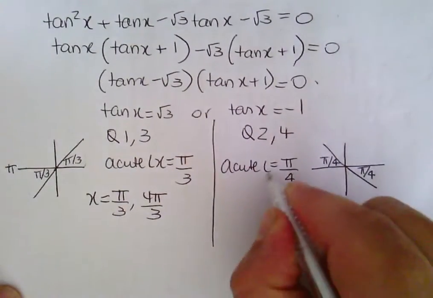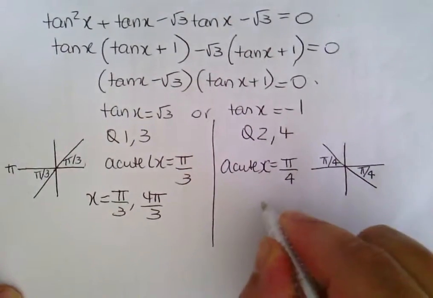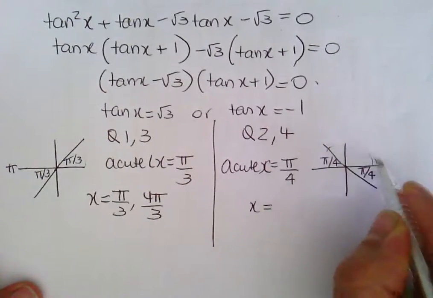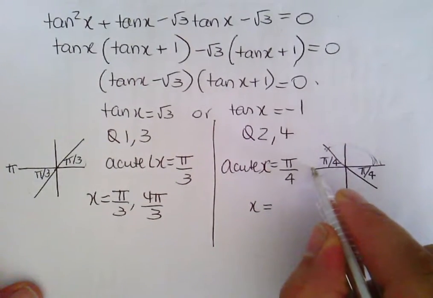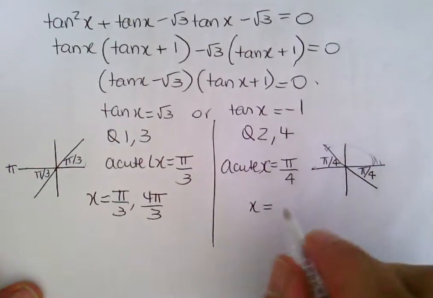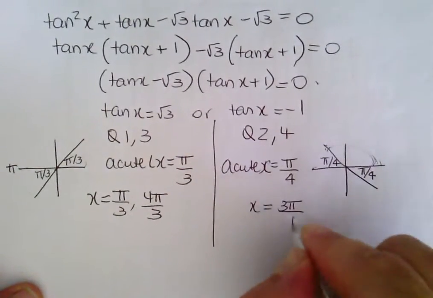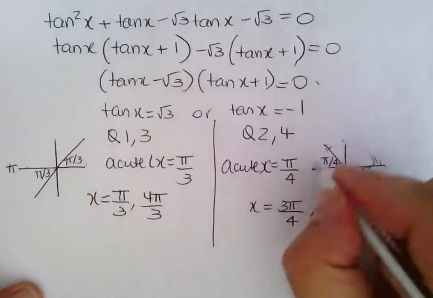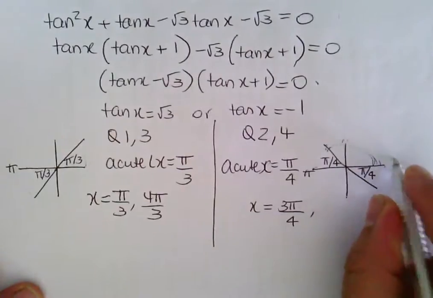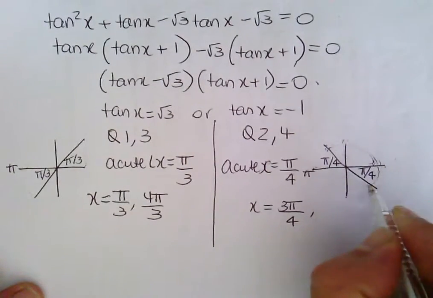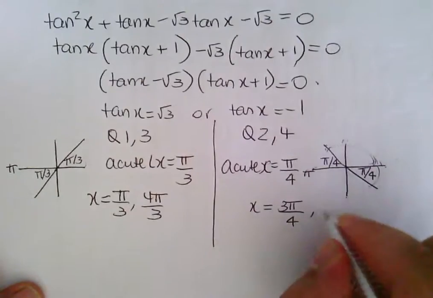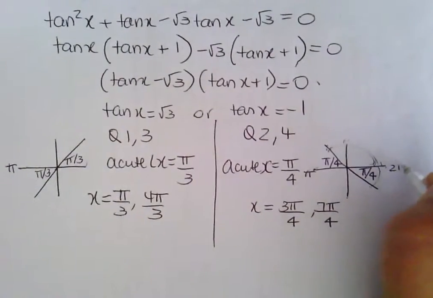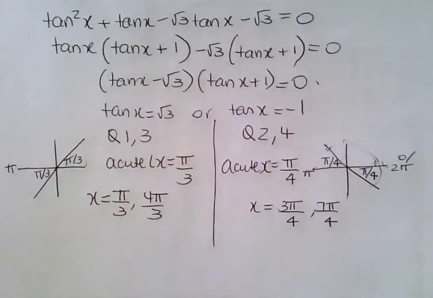And the other one, acute angle pi on 4: there's pi, and you're stopping 1/4 short, so 3/4 pi. Remember, this is 0, half pi, 1 pi, 1 1/2, 2 pi. We're going 2 pi short by a quarter, so it's 7 pi on 4 because it's 2 minus a quarter. Okay, and that's that one.